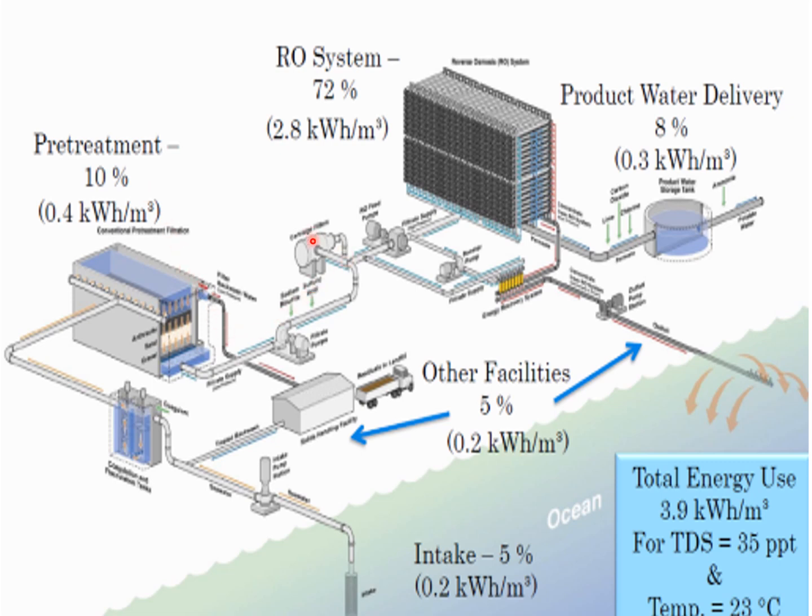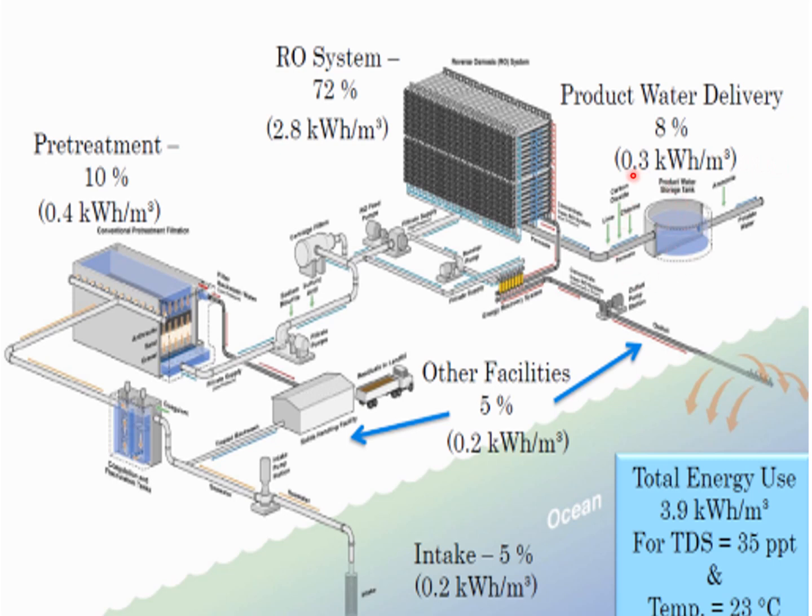After pretreatment, we need a high pressure pump to operate the reverse osmosis system. So this RO requires 2.8 kilowatt hour per cubic meter of energy consumption, which is equivalent to 72% of energy consumption. And after that, we have to deliver this water.